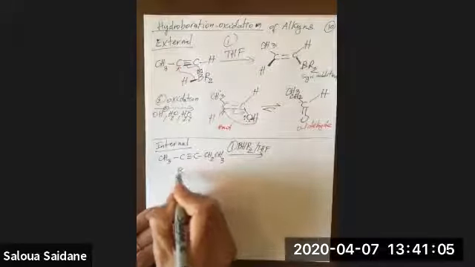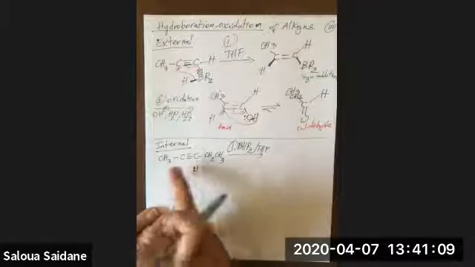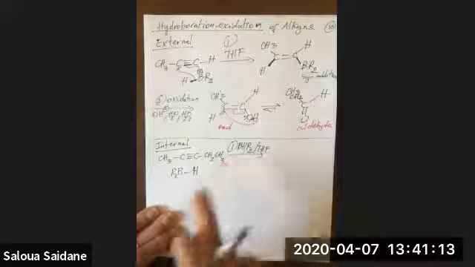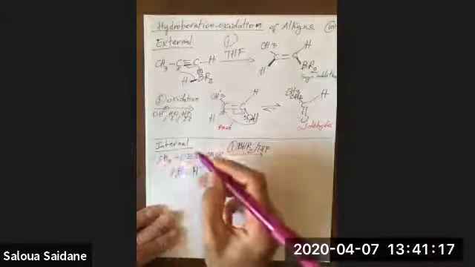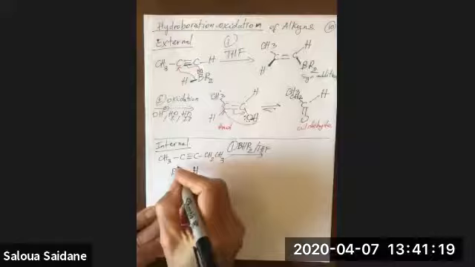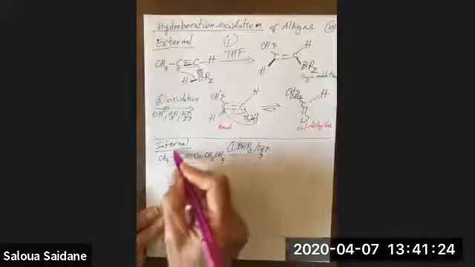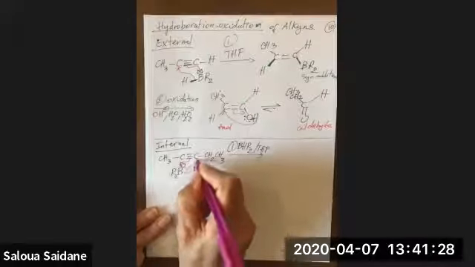So boron will stay on the less bulky. So you see this side has less stuff going on than this side. It's not about primary, secondary. It's really about how crowded is the area. So in this case, the boron will attach to the less crowded section. So this opens here, this goes here.